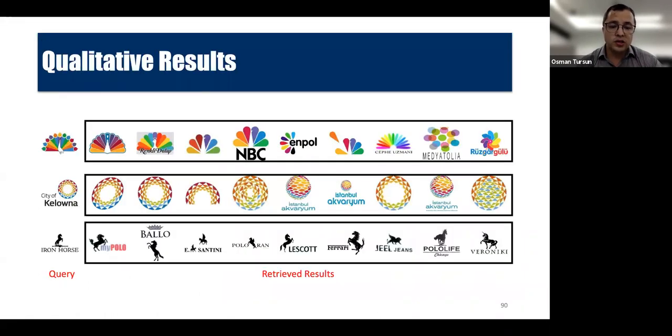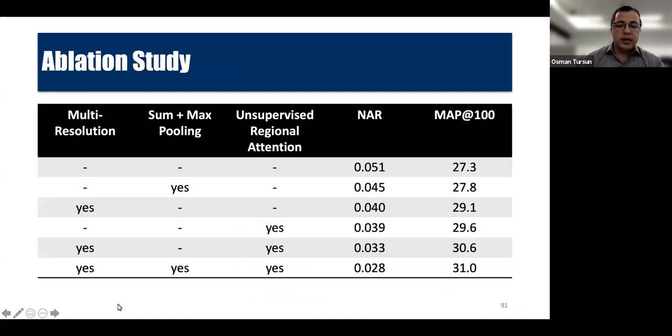And this one is our qualitative results. As you see, we can retrieve very good top 10 results with this feature. And we also did ablation studies. So our ablation studies show that all 3 of our contributions introduce incremental improvements to the trademark retrieval.